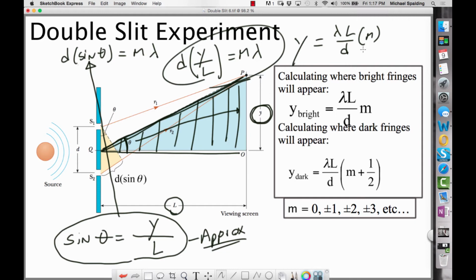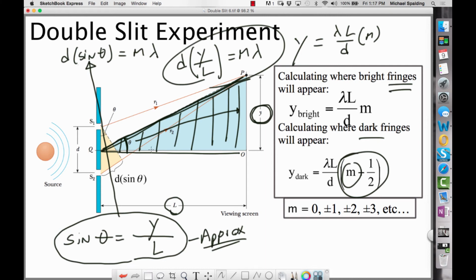Then, to calculate dark fringes, oh, and did I use this word yet? The bright spot, dark spot, they call them fringes too. Bright fringe, dark fringe. To do it for a dark fringe, you're just going to change the m. You're going to change this part to m plus 1/2. It's a 1/2 multiple.